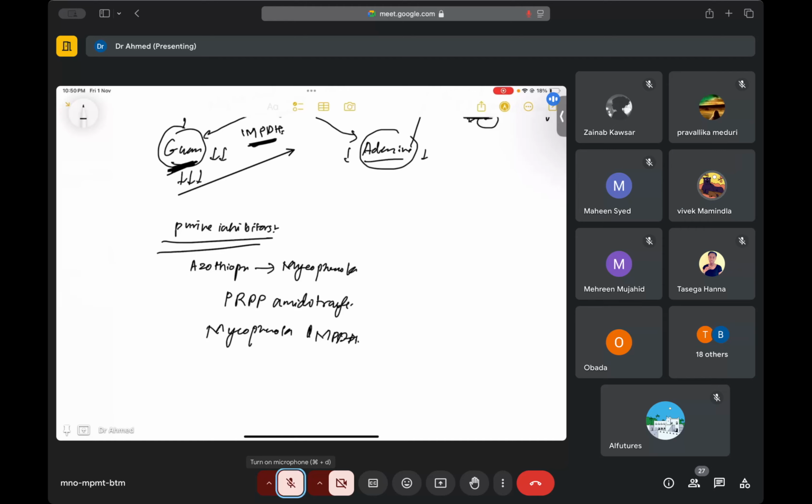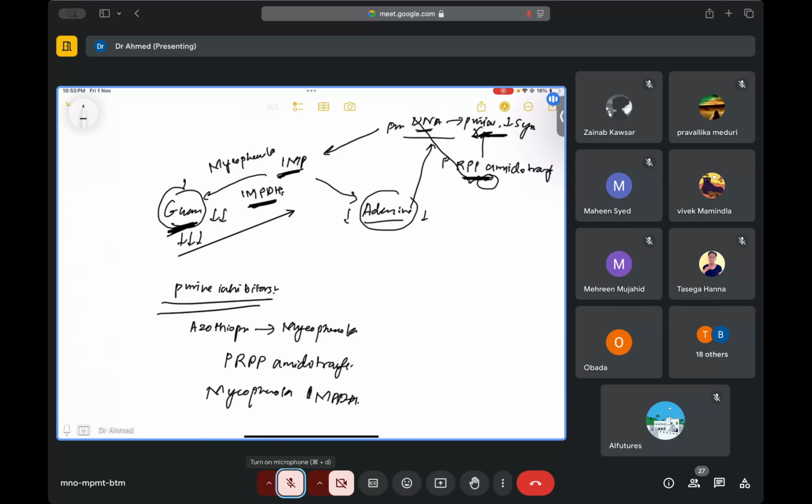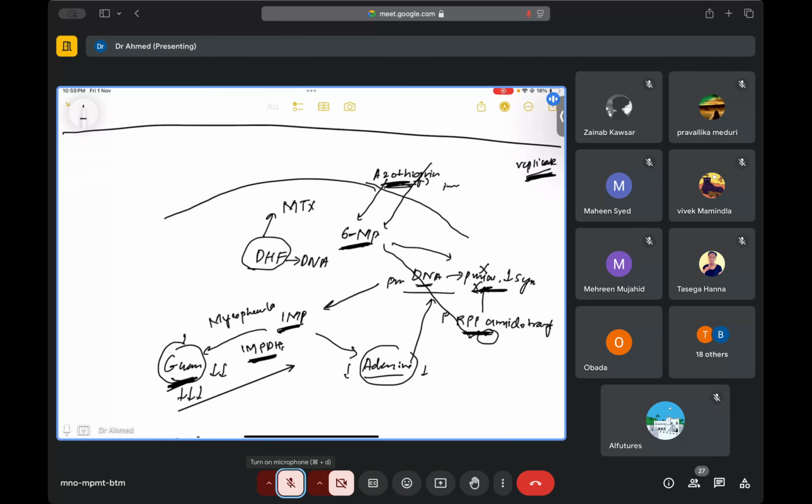Another thing you guys must remember: 6-mercaptopurine is basically metabolized by which enzyme? Xanthine oxidase. What's the drug which is given in order to inhibit xanthine oxidase? Allopurinol, used in gout, right?